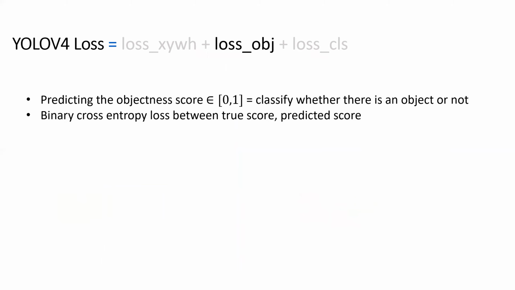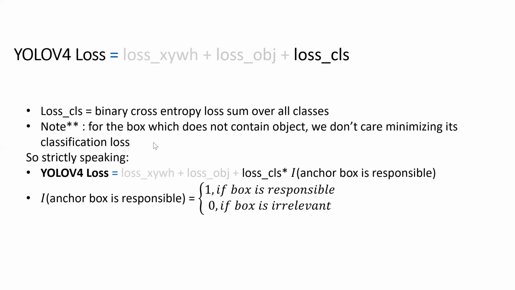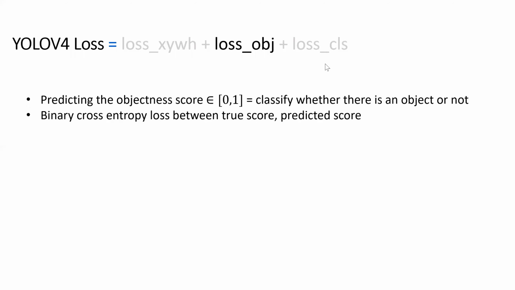Okay, so the classification loss has two parts. The first one is the loss for the objectness score. Predicting the objectness score is equivalent to classifying whether there's an object or not. So it's a traditional classification task, and we can use the traditional binary cross entropy loss. So it's nothing new for this part.